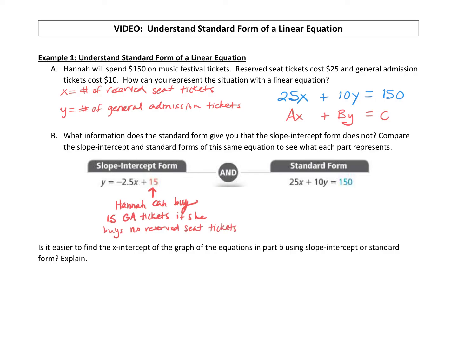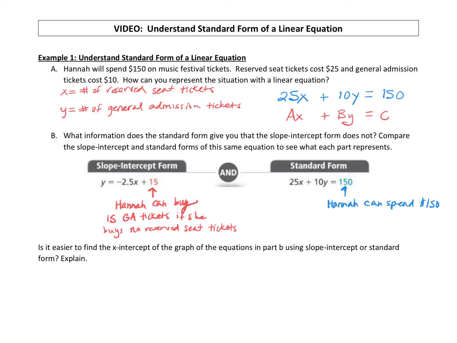All right, standard form, what we can get out of standard form, we have this $150 right here. What that $150 tells us is how much Hannah can spend. It's that total cost. So Hannah can spend $150.